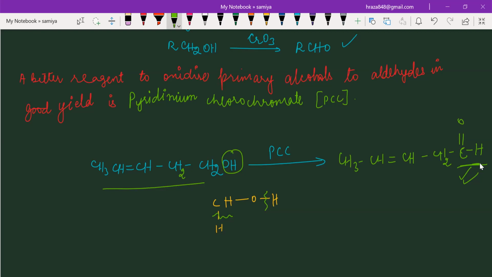But when we are talking about secondary alcohols, they are converted into ketones. Basically, secondary alcohols oxidize into ketone.